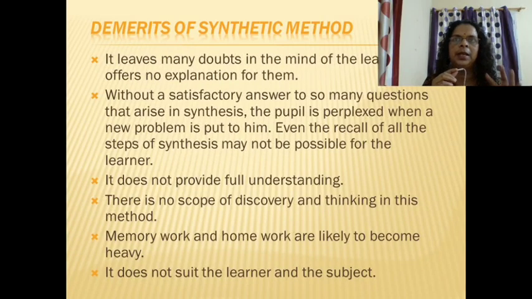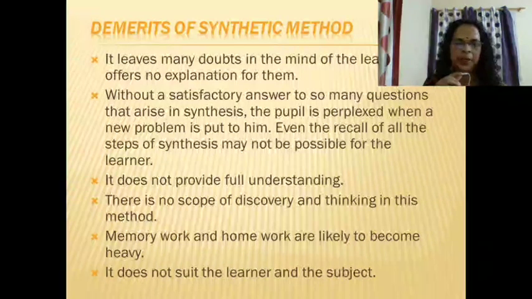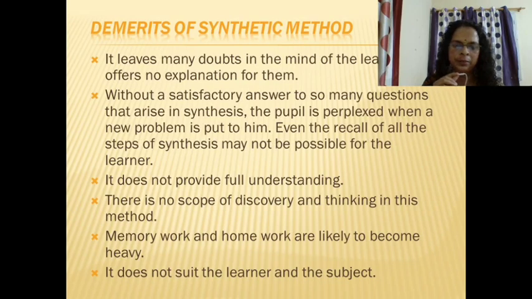The teacher is writing on the board and students are just copying that. There is no chance for thinking, and they are not discovering anything, so memory work and homework are likely to become heavy. This is why they memorize all these things, because there is no justification why they wrote that.